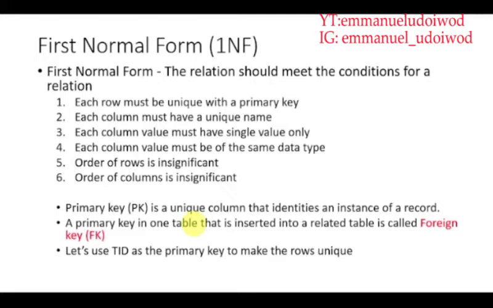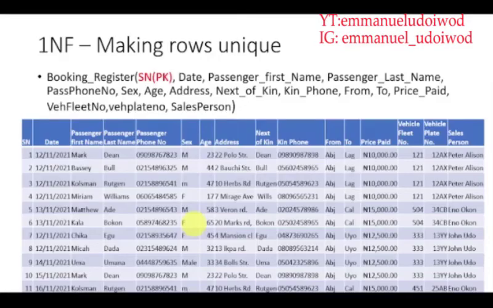Okay, so let's say here in this table we decide to add back that serial number. We added back the serial number, and the serial number will act as our unique key. Remember, for the serial number we could use an auto-incremented number, which means it goes 1, 2, 3, 4, 5.